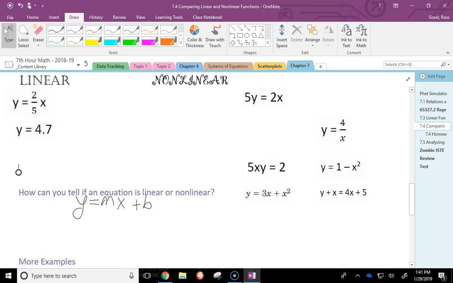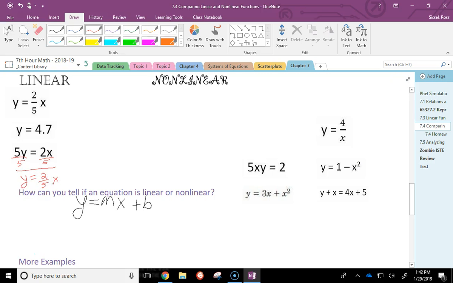It's that special line, y equals 4.7. So every time you go up 4.7, it's fine. And it's going to be a horizontal line. This one, because of time, it will be 5y equals 2x. Because if I divide by 5, and I'm solving this equation, we get y equals 2/5 x.